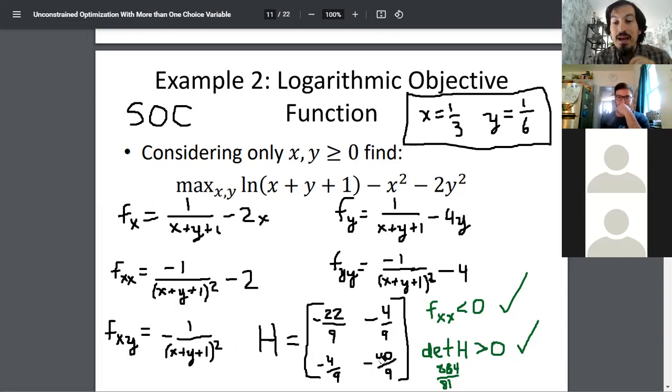That means the determinant a times d will always be bigger than b times c. Therefore, ad minus bc will always be positive. Therefore, the function is concave. Therefore, that's a proof that this is a global max. Like I said, I think that's more of a bonus level question, but maybe it made sense to you. Hopefully it did.